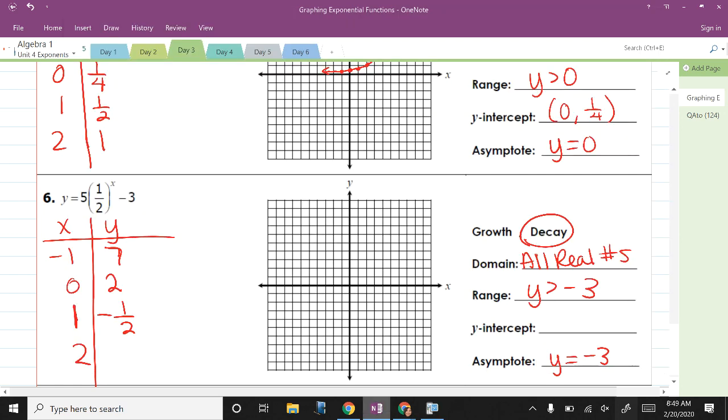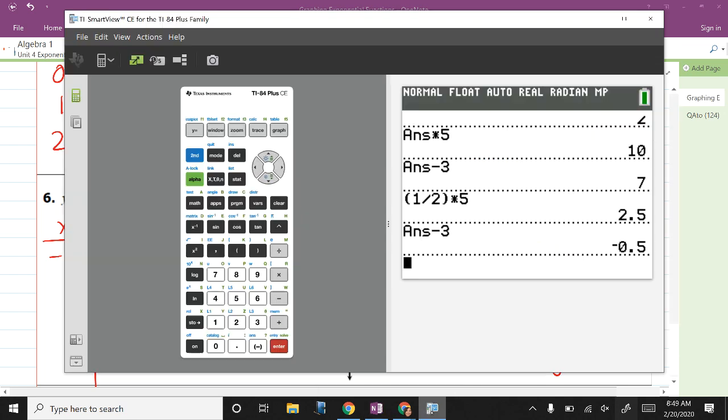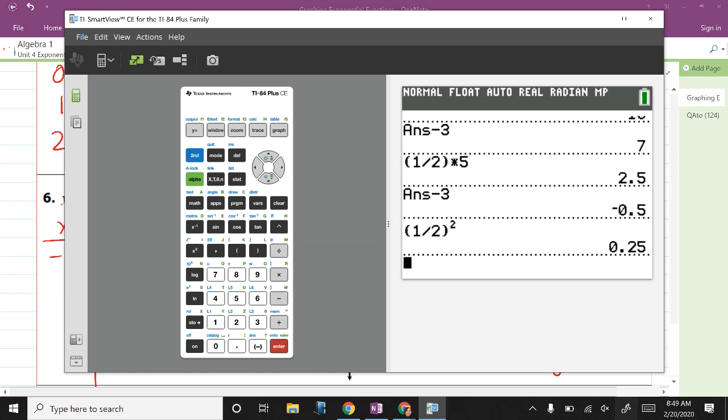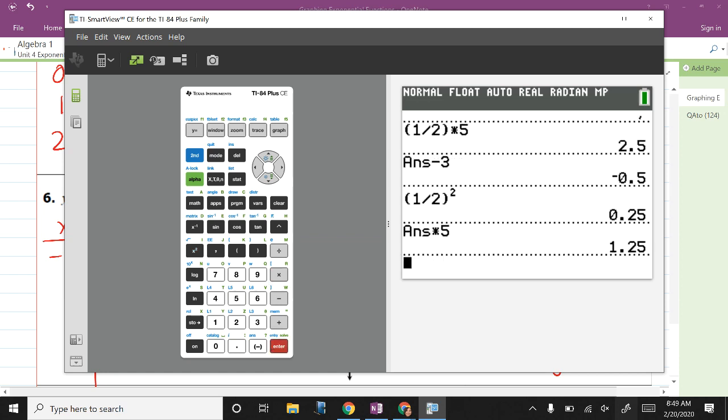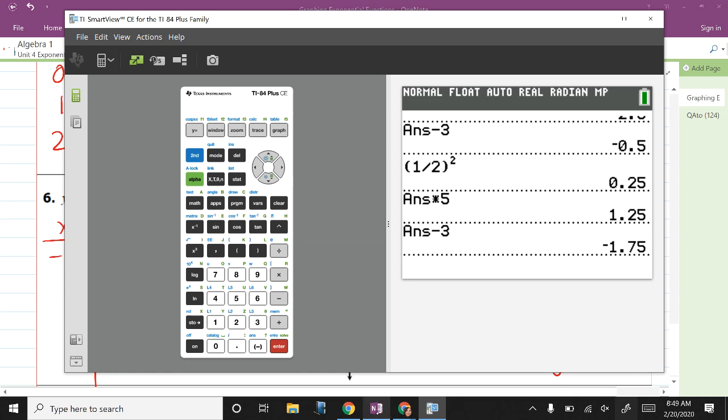Yeah. And then I plug in 2. I'll do that one in the calculator just for y'all. So 1/2 squared is a 4th. Times 5 is 1.25, minus 3 is -1.75, which is -1 3/4, right?